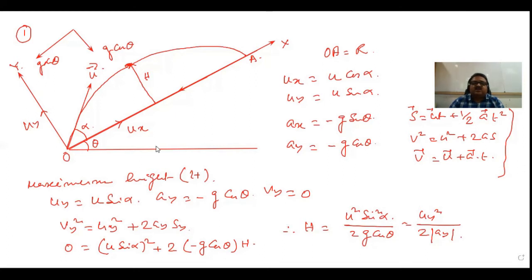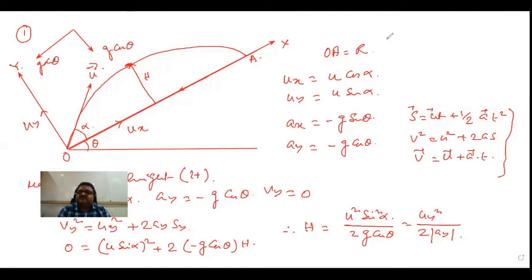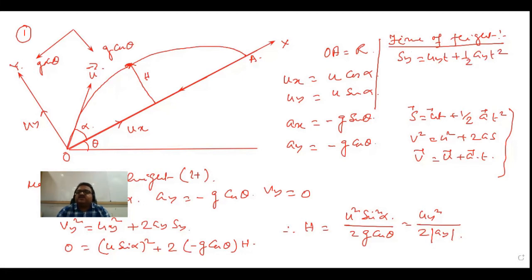Now let's find out the time of flight. I'm using this formula: sy = uy t + (1/2) ay t², where t represents time of flight.